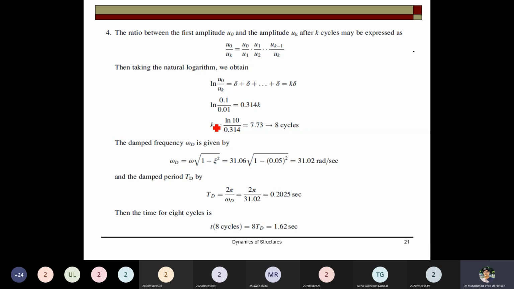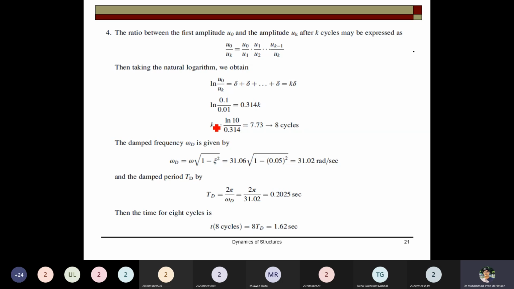Because in the damping you have this given, you can determine how many vibrations are required to reach from a certain displacement to the minimum displacement. And the ratio of two consecutive amplitudes, the first one and the second one, can also be determined.